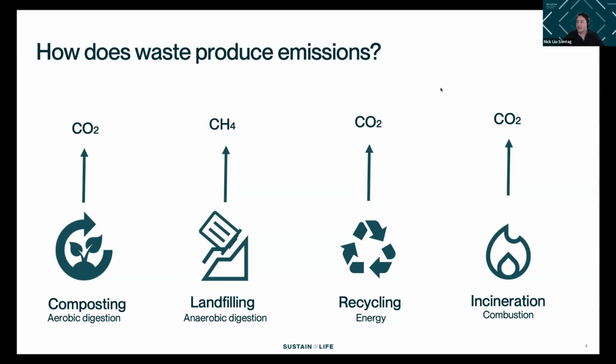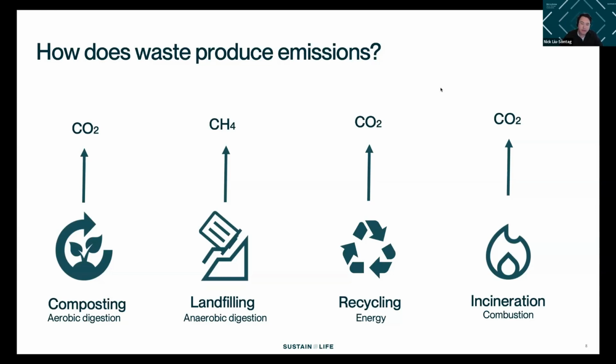The first thing that I think is important to know is that most of the waste that we produce has carbon in it. If it's organic material like food waste or agricultural waste, then that carbon was originally absorbed by some plant from the atmosphere.